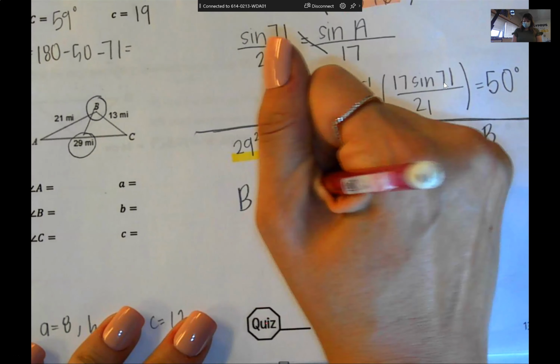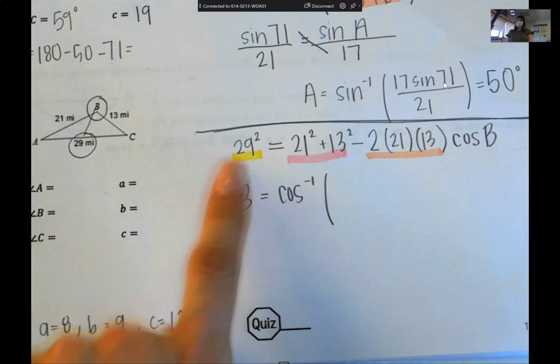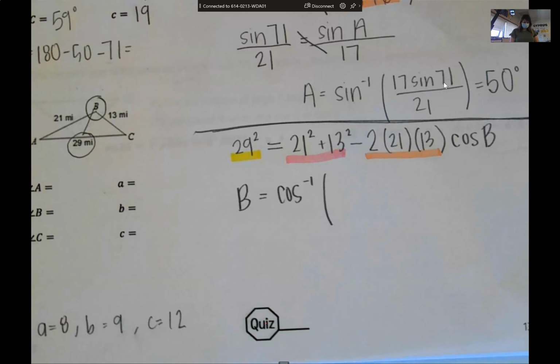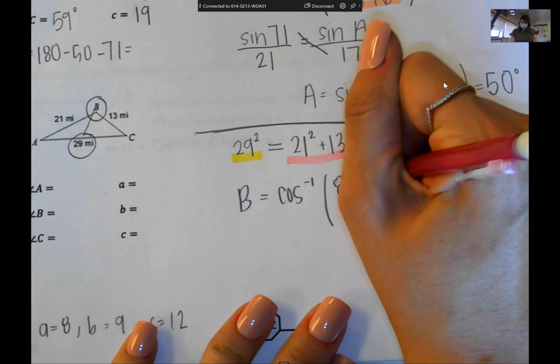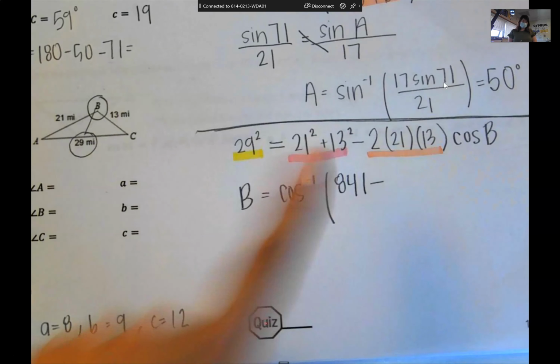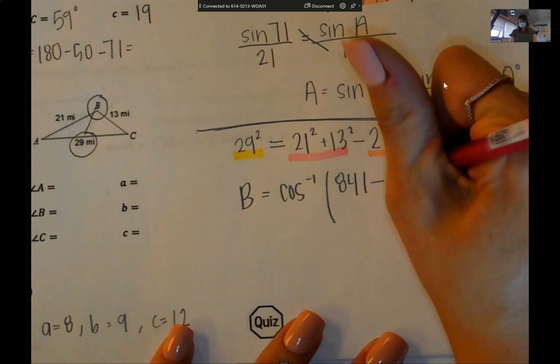So B is going to be the cosine inverse of 29 squared. I'm getting 841 minus 21 squared plus 13 squared. Yes, 610.